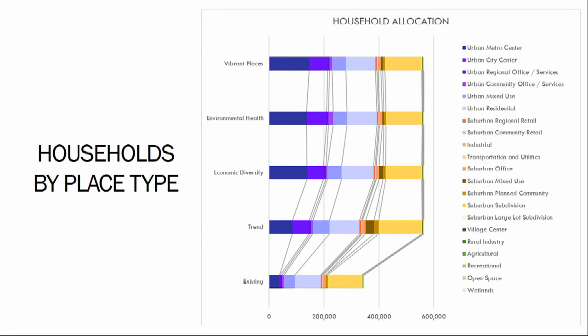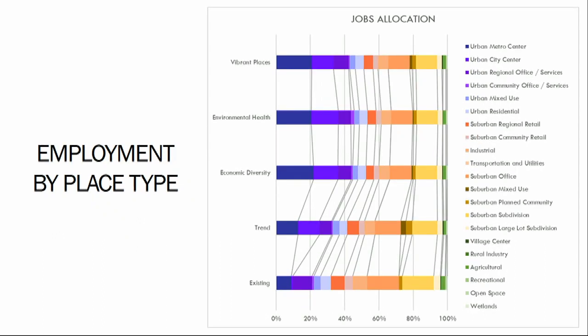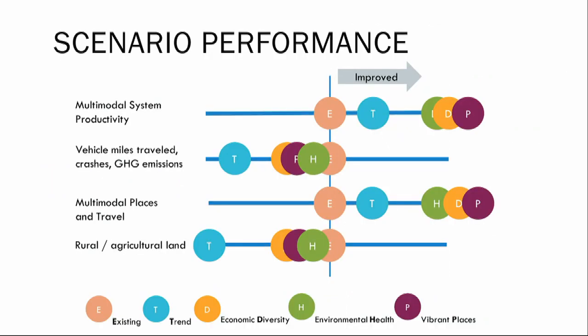And you can see households by place. Either way you look at it, we're going to have a lot more households in the future. We're anticipating our population going from a little over 800,000 to well over 1 million in the next 15 years or so. And we ranked the various scenarios on what their impacts to our transportation system would be, and you can see the results here.